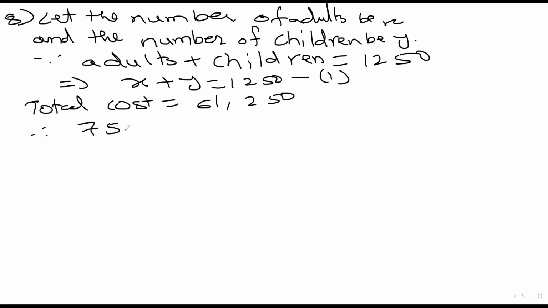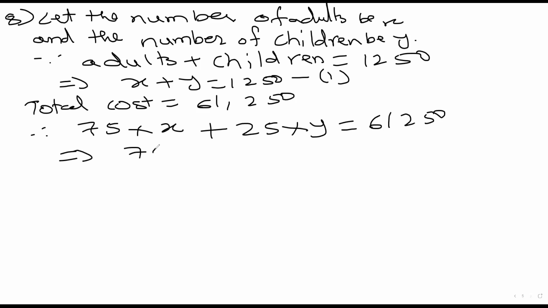So 75 into number of adults. Do you understand? Rupees 75 for one ticket into number of adults plus rupees 25 for one ticket into number of children y is equal to 61250. So here you get 75x plus 25y is equal to 61250.